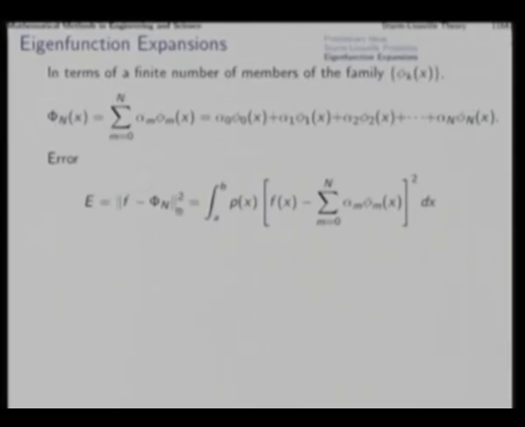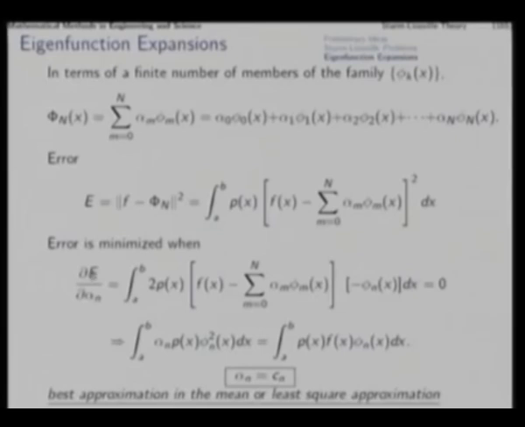Then in that case, the error will be this, the actual f minus phi n, norm square. When we put that f(x) and this phi n here and try to find out with which values of alpha 0, alpha 1, alpha 2, etc., this error norm square will be minimized, we find that the first order condition, del E by del alpha n equal to 0, will give us alpha n equal to C n.